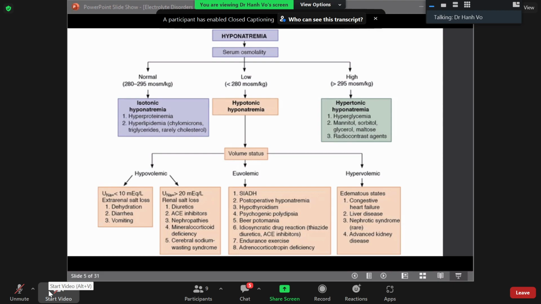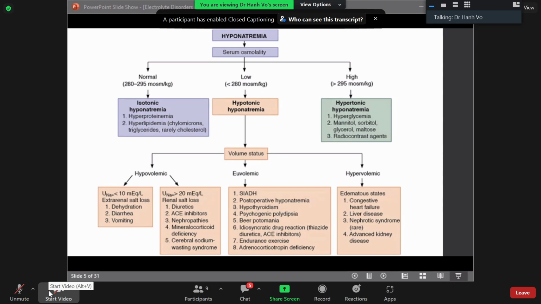That being said, hyponatremia, or low concentration of sodium in the extracellular fluid and therefore the blood, can be caused by either losing more sodium than water or gaining more water than sodium. And it can develop acutely over less than 48 hours or chronically over more than 48 hours.